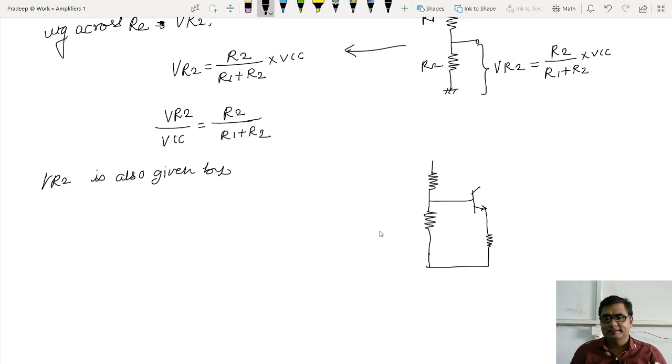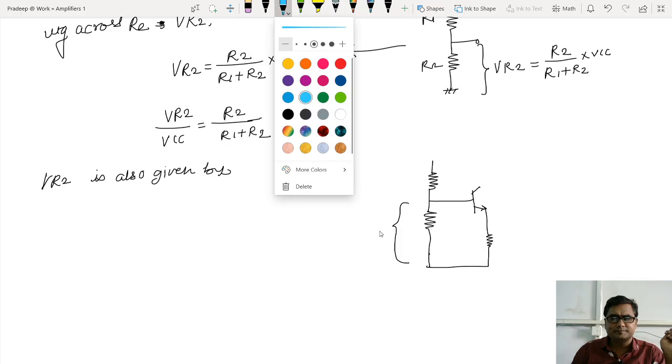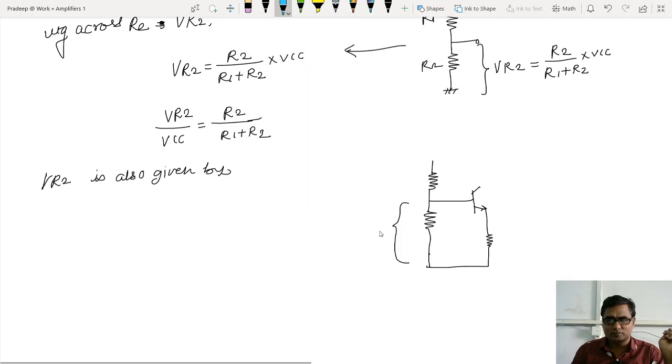Only concentrate on this diagram. We are interested in the voltage across R2. Let me use another pen. This is VR2, the voltage across resistor R2.